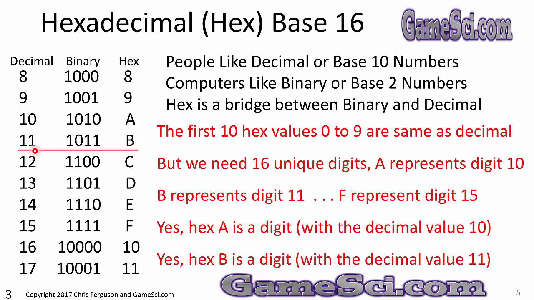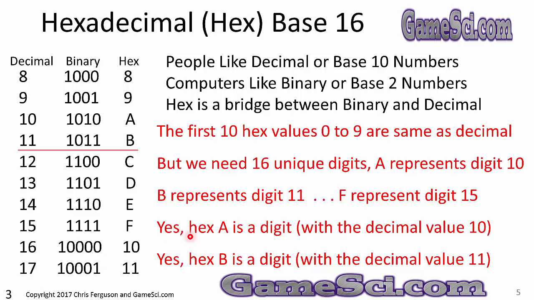Decimal 11 is binary 1011 and hexadecimal B. The first 10 hex values, 0 to 9, are the same as decimal. But we need 16 unique digits. A represents the digit 10. B represents the digit 11. All the way through F representing the digit 15 in hexadecimal.